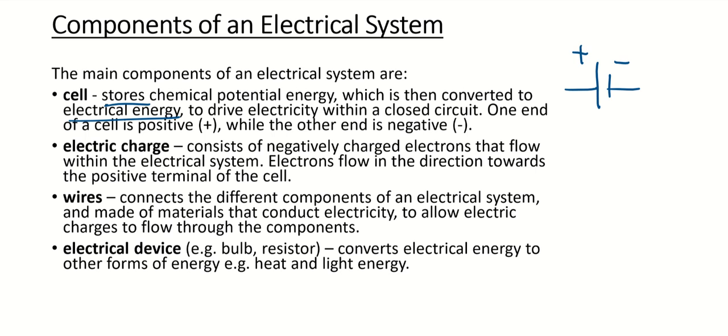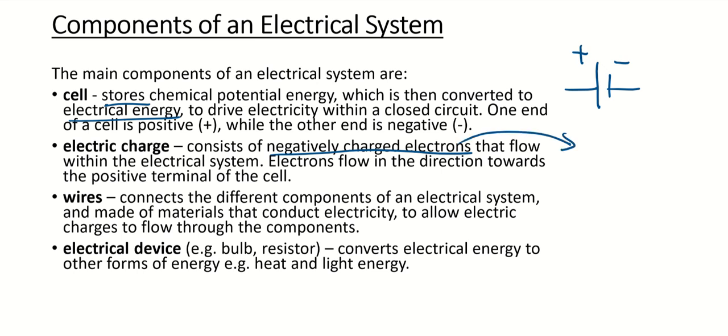Okay, then what are electric charges? It consists of negatively charged electrons, right? You have learned in your chemistry lessons, electrons are free to move, right? So only electrons can move. So make a guess, which part of the battery will the electrons come out from?